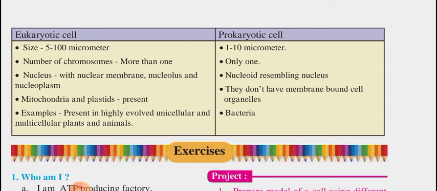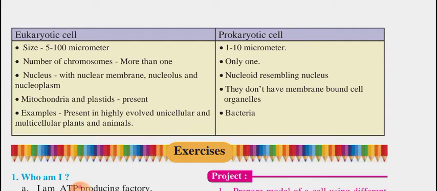Eukaryotic cell has a size of 5 to 100 micrometer, as compared to prokaryotic cell, which is 1 to 10 micrometer. So prokaryotic cells are very small as compared to eukaryotic cells. Number of chromosomes in eukaryotic cell is more than 1, and in prokaryotic cell only 1.